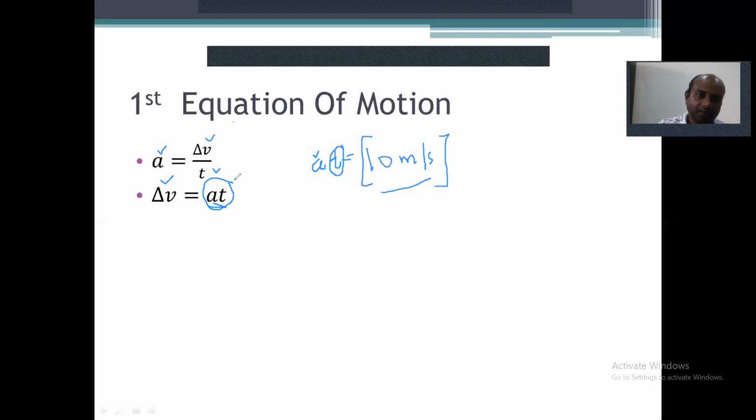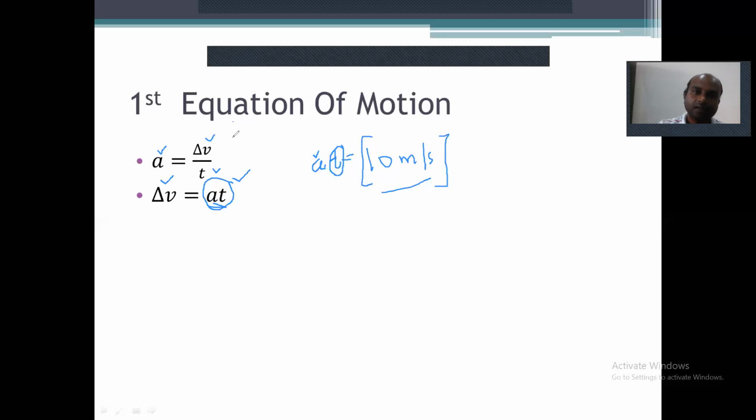So we have a meaning for a into t. A into t is the increase in speed or increase in velocity, the increase in the magnitude of the velocity. It can also be a decrease when acceleration is negative, right? When acceleration is negative, the change in velocity is actually negative, which means that the final velocity is less than the initial velocity, which means that the speed is decreasing. So we can also calculate the decrease in speed.